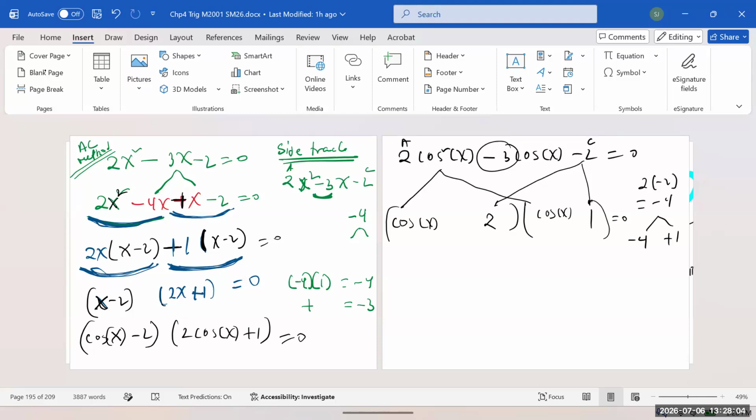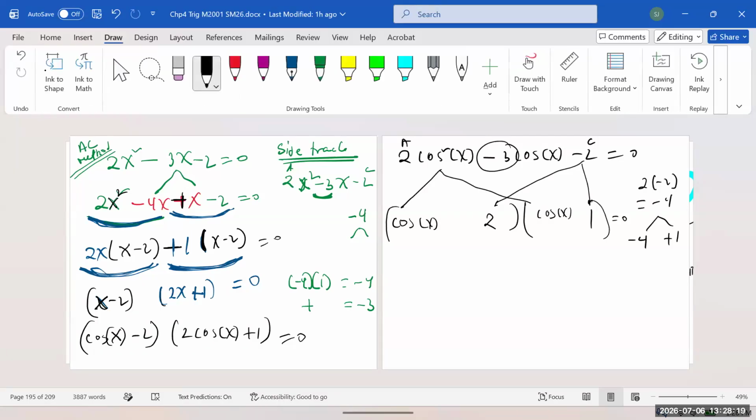Split cosine square into cosine and cosine. Split 2, 2 and 1. Oh, no, we don't do that actually. Sorry, not that. Forget about this. We use this. One of them gets negative 4, one of them gets positive 1. That's why we split them.